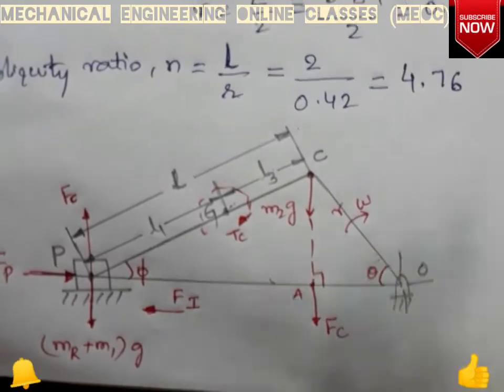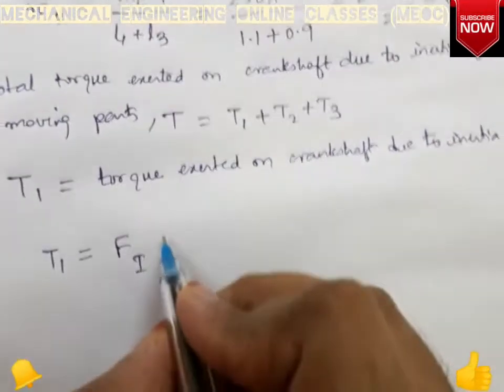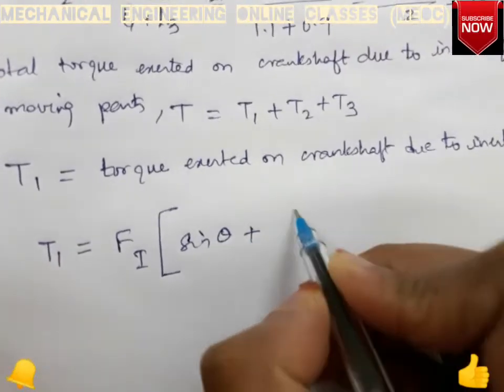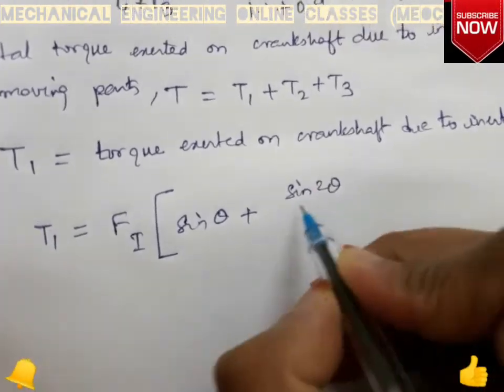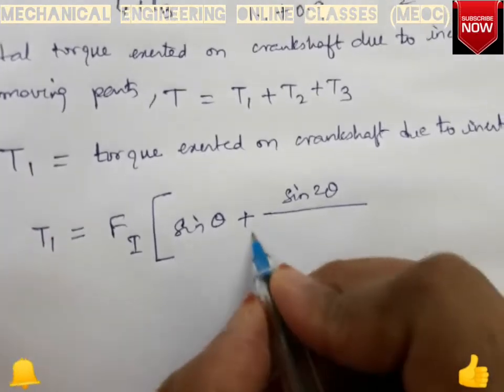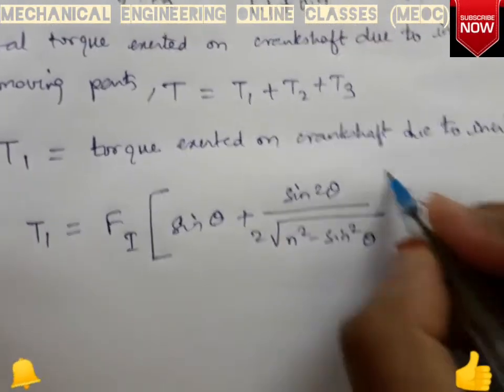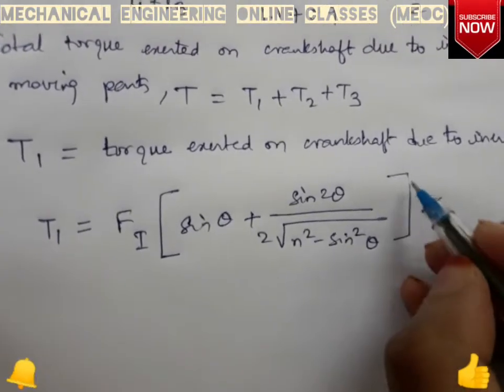We know that T1 is equal to Fi, the inertia force, into sin theta plus sin 2 theta by 2 root n square minus sin square theta, into r.